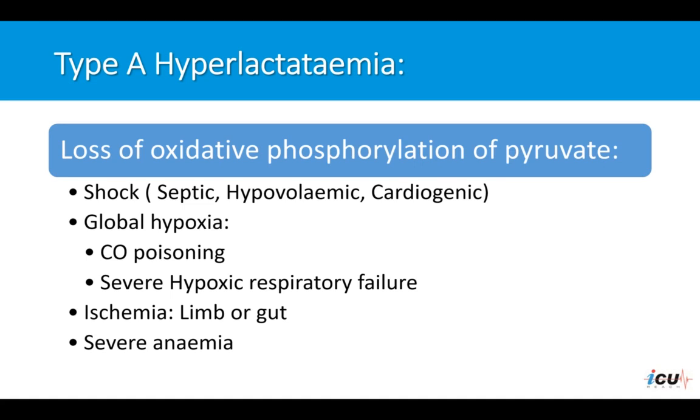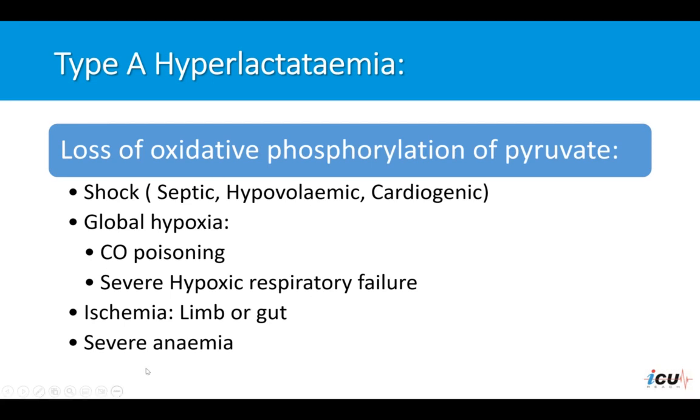It can happen in any global hypoxia at the level of the tissue, whether this is caused by CO poisoning, for example, or by severe hypoxic respiratory failure, where we don't have enough oxygen at the tissue level. So this would be global.